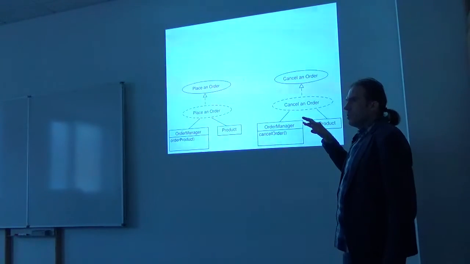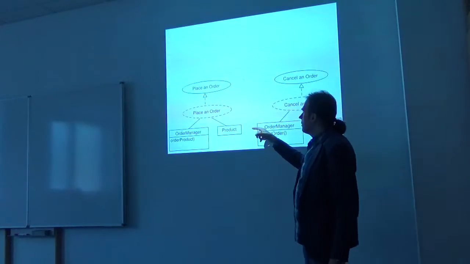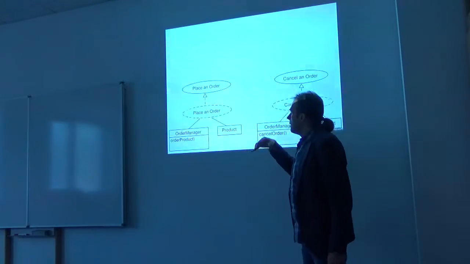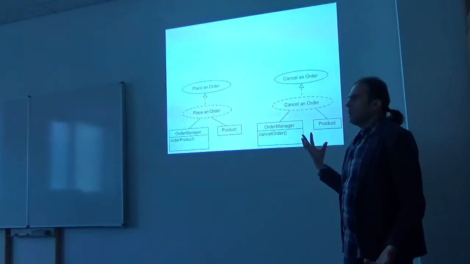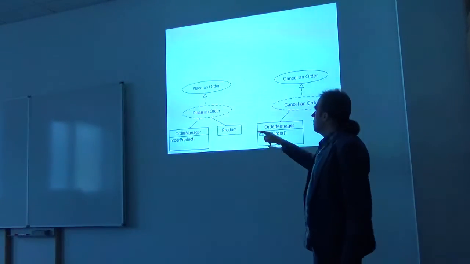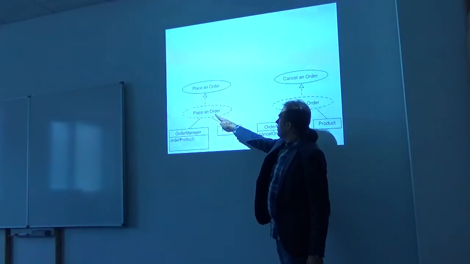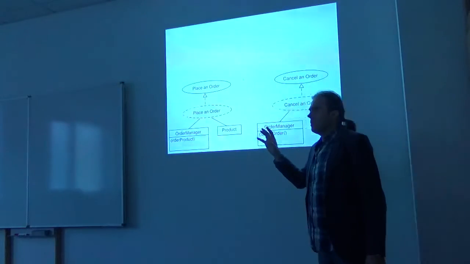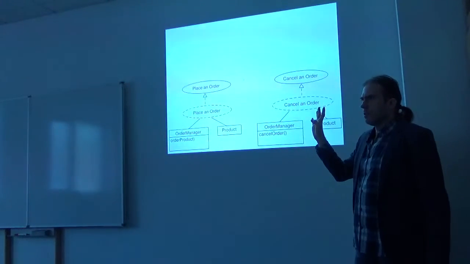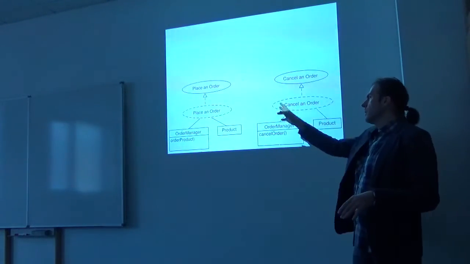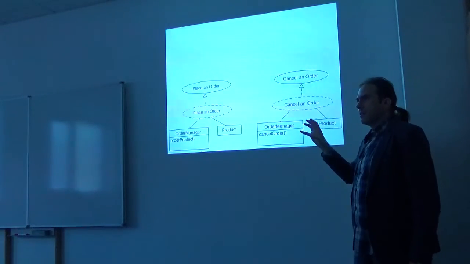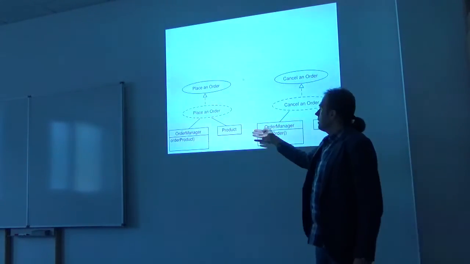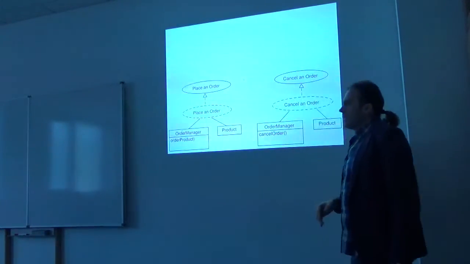Maybe you've seen this before, maybe not. A collaboration is just an abstract representation of any behavior. You can imagine that there will be a place order sequence diagram, but you don't want to bother drawing it. It's too complex for you. But you want to say that there is this sequence diagram, and here it is, represented by this.